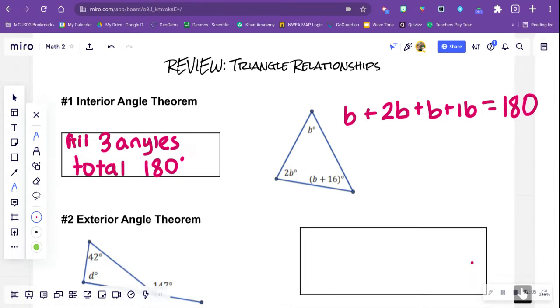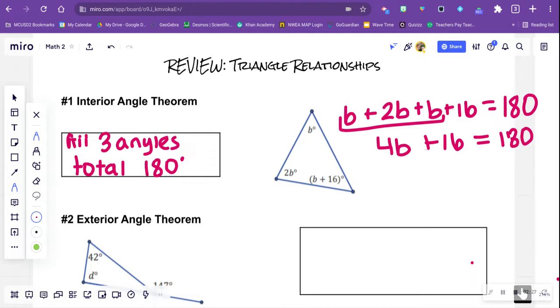Now all I have to do is solve the equation. First thing I'm going to do is simplify it a little bit. We've got lots of b's going on here. So all together we have 4b. Just add their coefficients. Bring down the plus 16 equal to 180. And then from here, I'm just going to isolate the variable.